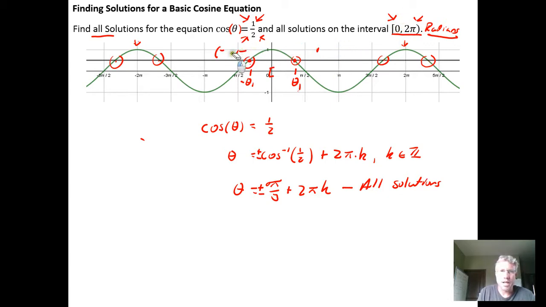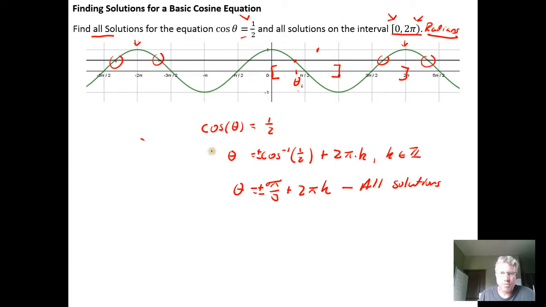So if we clean this up just a hair for a minute, to get the solutions on the interval from 0 to 2 pi, I want to recognize that the interval from 0 to pi is a subset of that interval. So the positive cosine inverse is going to be one of those solutions. The positive cosine inverse always gives us an angle between 0 and pi, so it definitely gives us an angle between 0 and 2 pi.